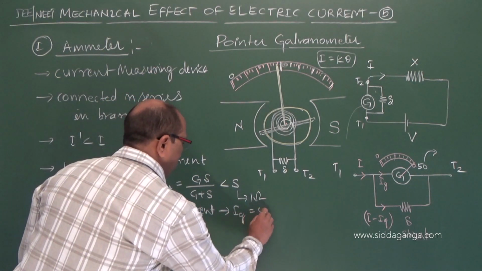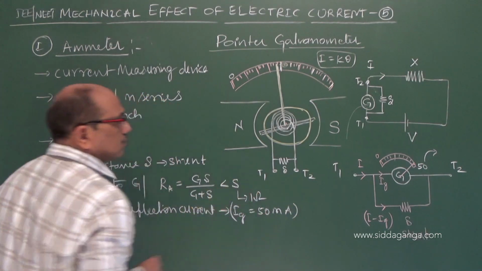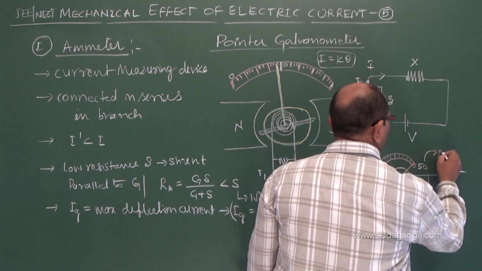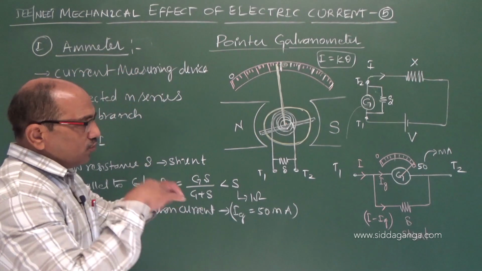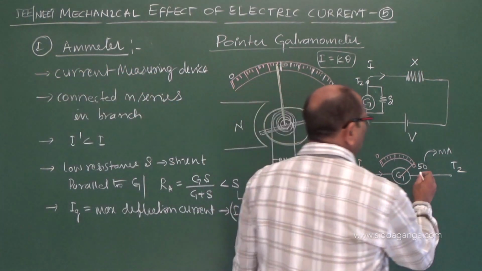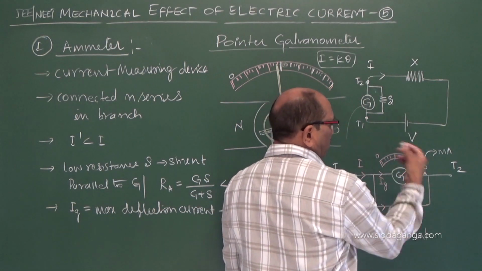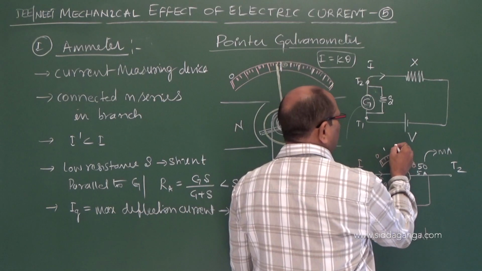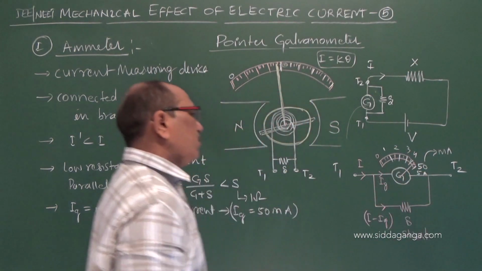Ig, for example, here it may be 50 milliamps, as I mentioned. In the example I have taken, 50 divisions are there, and 50 milliamps is coming without S. I want to convert it into 5 amps. 50 divisions, 5 amps, means every 10 divisions is 1 ampere: 1, 2, 3, 4, and this becomes 5.